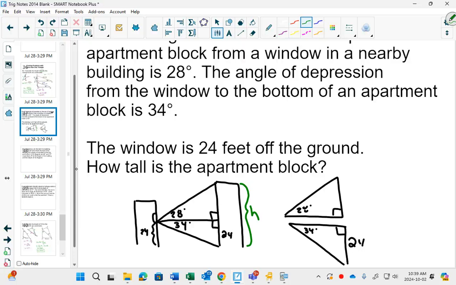If I said, I'm allowed to tell you one thing you don't know on here, other than the height, what is the one thing you would ask for to find the height? I can tell you anything else on any of these triangles.